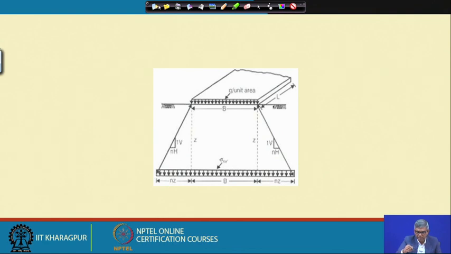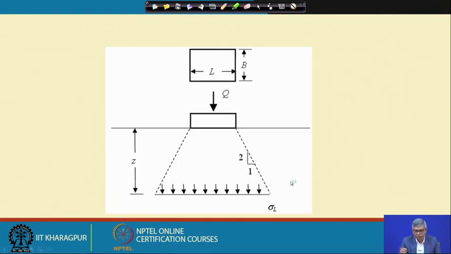I will show the next slide also. As I have told, one vertical, N horizontal; here actually two vertical, one horizontal is the standard thing we use. If you use this, then this becomes B, this becomes B, and this becomes Z by 2, Z by 2.